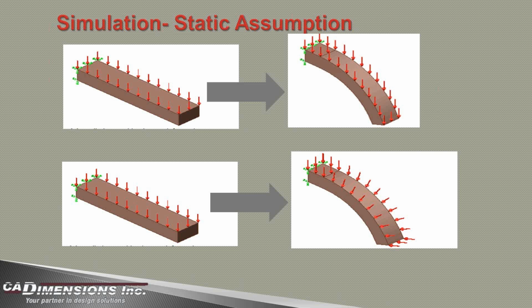Now, if something bends quite a distance, we know that that's not the case. Usually the loads reorient themselves normal to the surface. Well, if that's the case, then you can't use linear static analysis to solve it. Okay? So that's the first assumption. And again, in following these rules, 99% of the cases are going to be linear and static in nature.